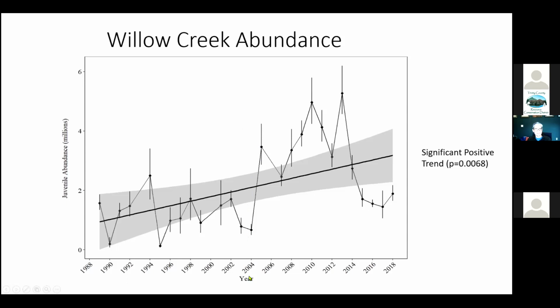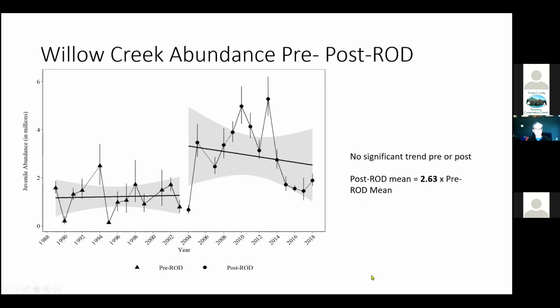We did release some water in 2004, according to the ROD, but full implementation happened in 2005. I'll break that out into pre and post Record of Decision flows. It does look like there was a marked increase in abundance. Our estimates do tell us that. And 2004 really stands out as being kind of low. It probably should be lumped with the pre-ROD, but it's included in the post-ROD.